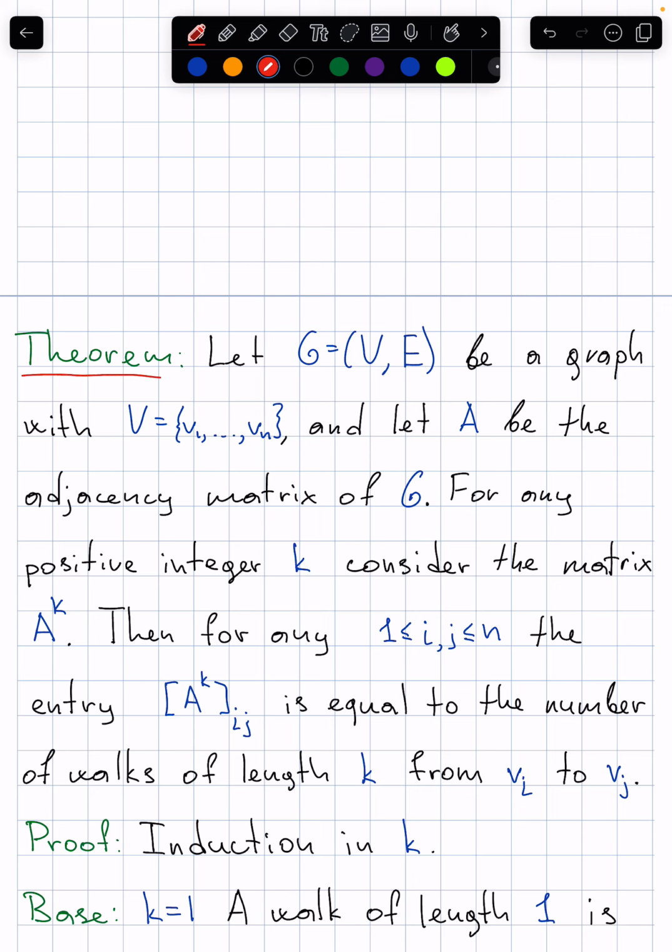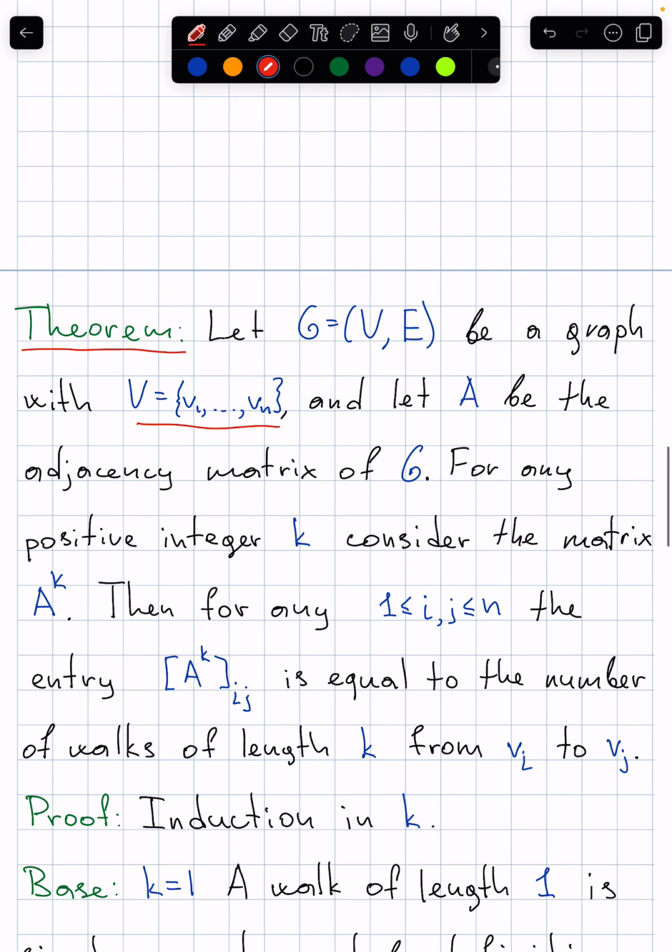Let's say we have a graph, and the vertex set is v1 through vn, and A is our adjacency matrix. Then for any positive integer k, we can consider the matrix A to the k, where we multiply A by itself k times.